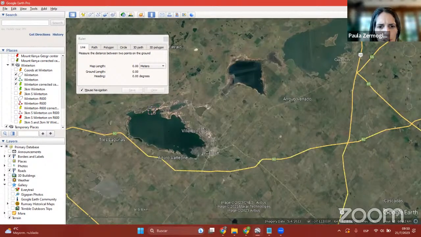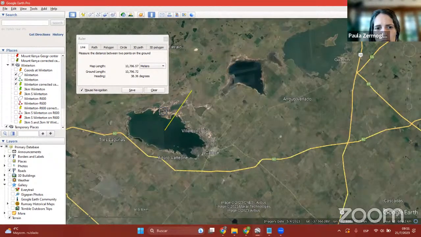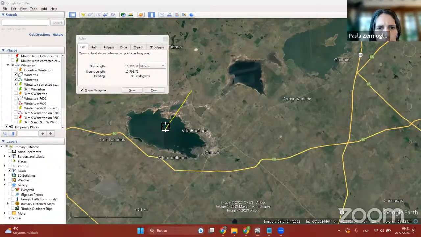If we're measuring, for example, from this lagoon to this lagoon, and we're at the line with the ruler, we could put the center of each one, for instance, or put a point to say, well, my point is here with respect to the lagoon. Google Earth gives you here the heading, how many degrees from the north. So if this one was the north, here we have north, what it is giving you is this angle here.